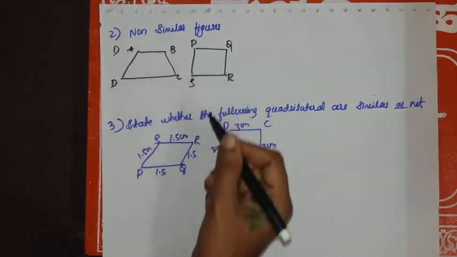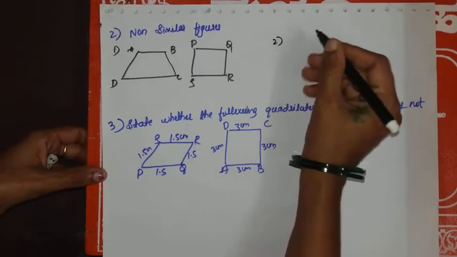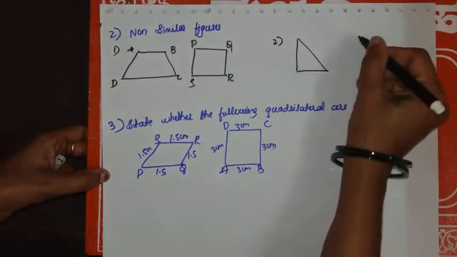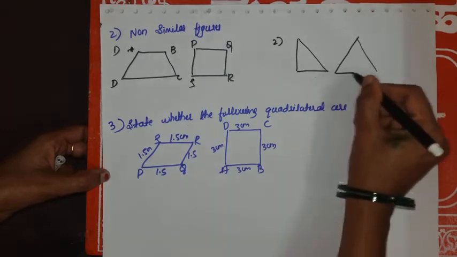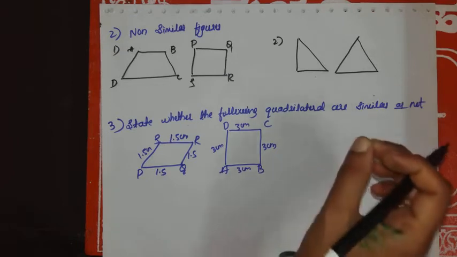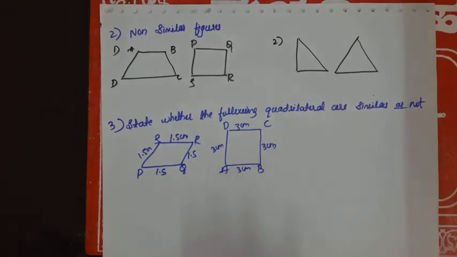These are non-similar figures. For the second example I take a right angle triangle and an equilateral triangle. These are also non-similar figures because the angles are different and the sides are not in proportion.